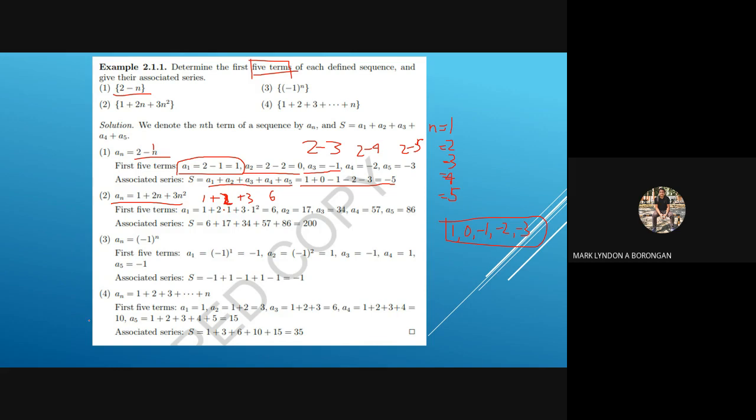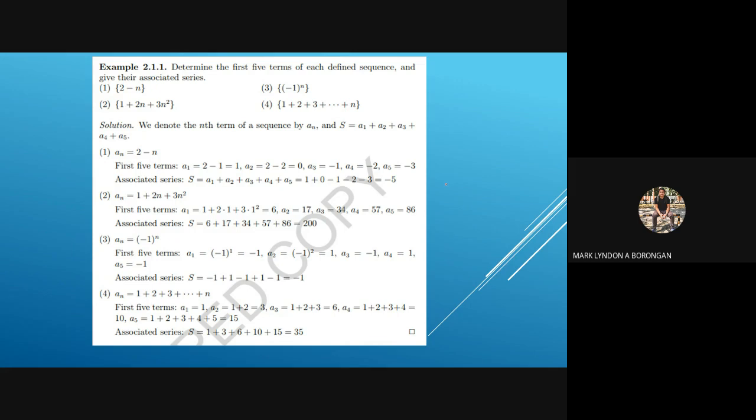Then you do the same for the second term, where n is 2. That will be 1 plus 2 times 2 plus 3 times 2 squared.